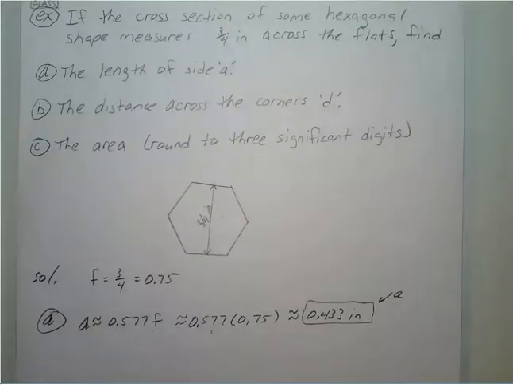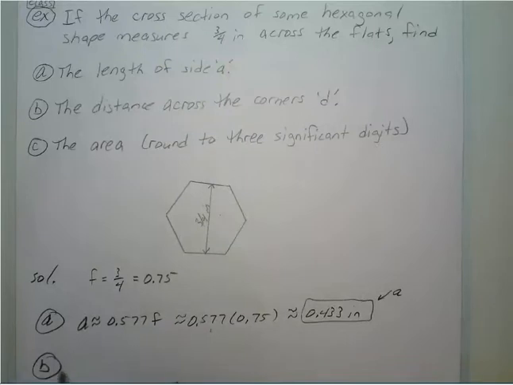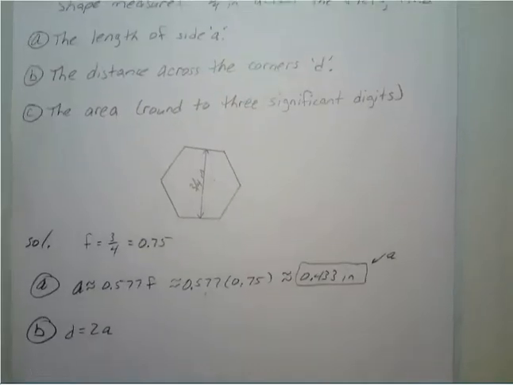Okay, so now we want to find the distance across the corners, which is our problem B. And our distance across the corners is D. Okay, so we know that D is equal to 2A.